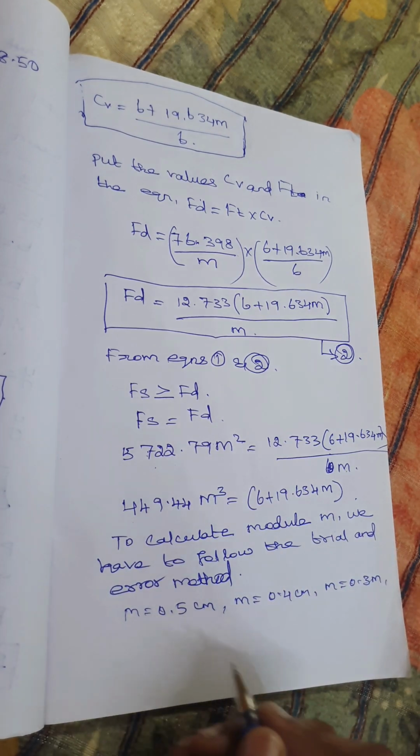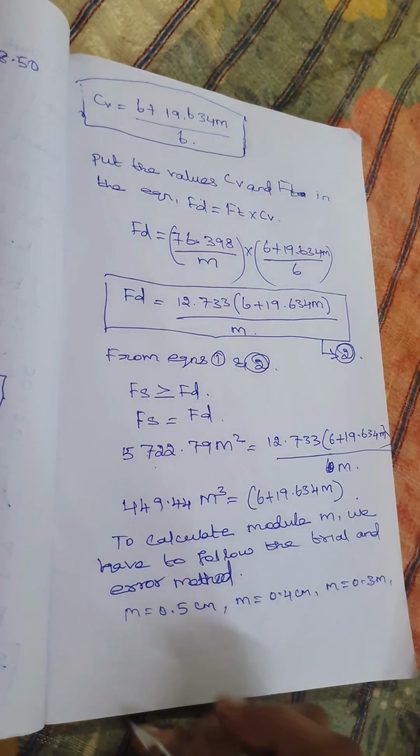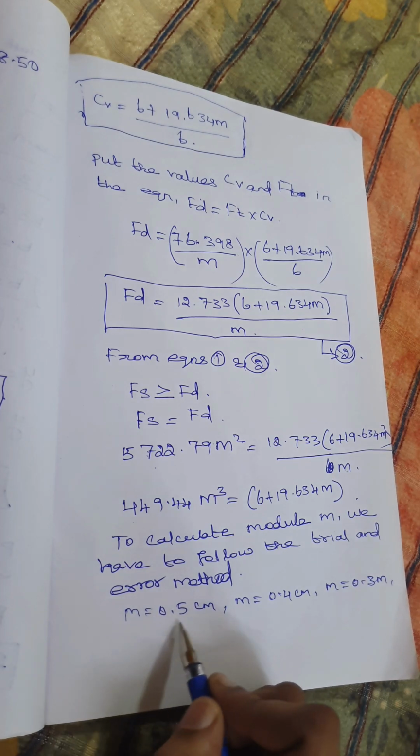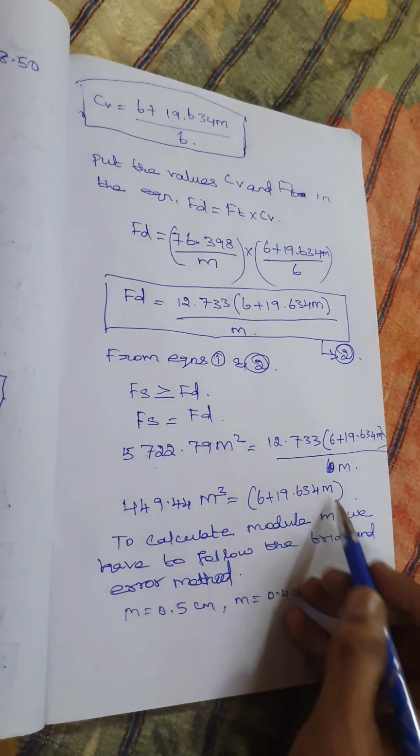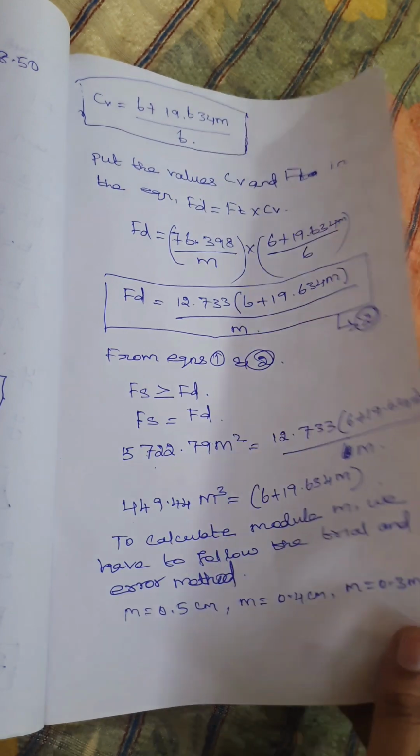So first we check the value of 0.5 centimeter for m. By putting the value for m as 0.5 centimeter, we can see whether the condition is satisfied or not.